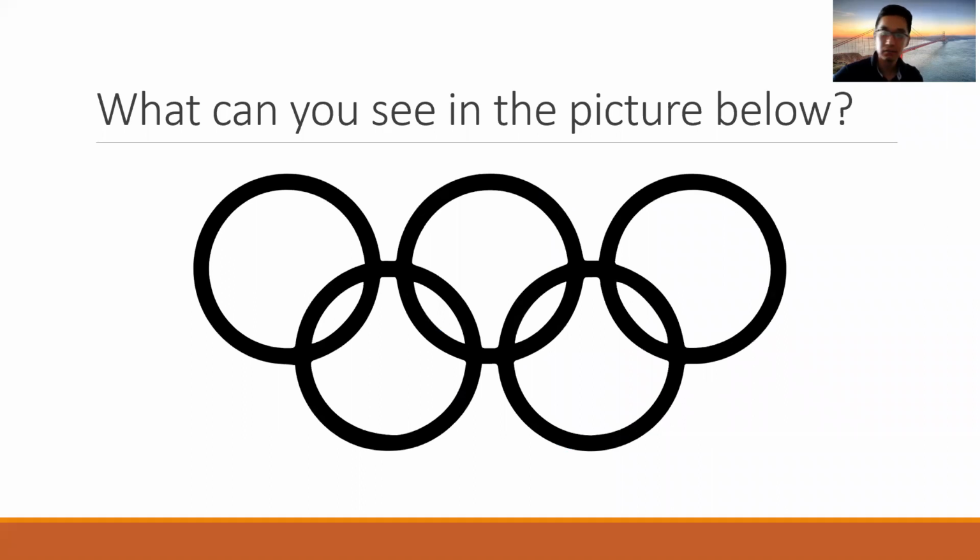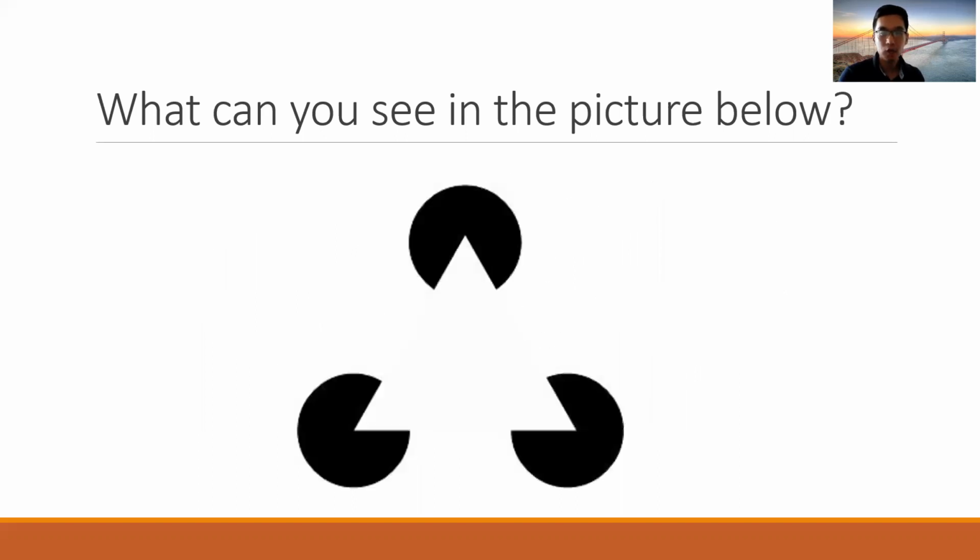How do you tell? Because there are forms and patterns of circles inside your brain, so you can perceive, oh, these are 5 circles. How do you tell there is a triangle? Because you have a form of triangle inside the brain. It seems like, oh, here's a triangle here. But in fact, there may not be a triangle. It's just some kind of shapes.